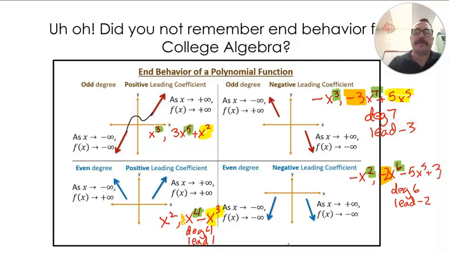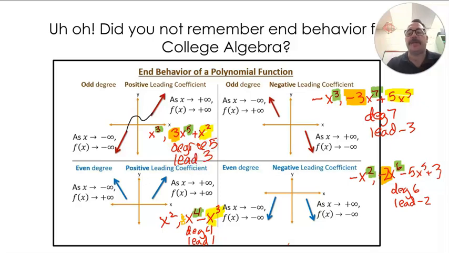And then our last one up here, just to make sure our college algebra is fully reviewed, we would have a lead term of 3 out in front of that term x to the fifth, which is our highest degree term. So this would be degree 5 with a lead term of +3.